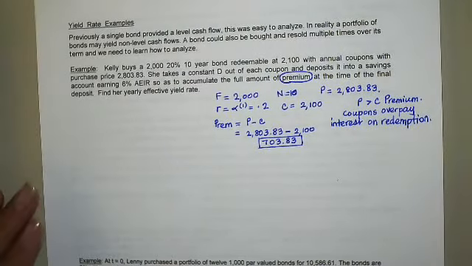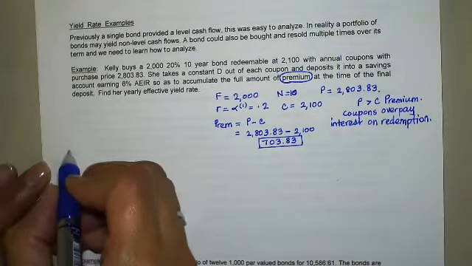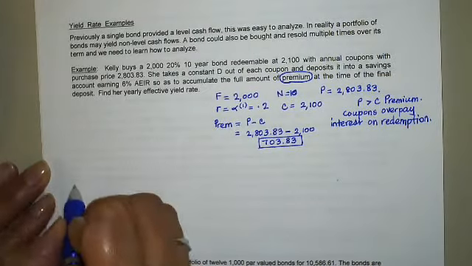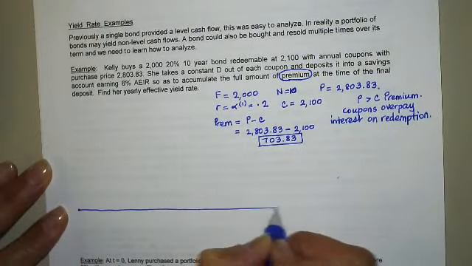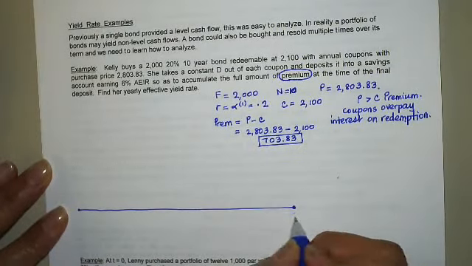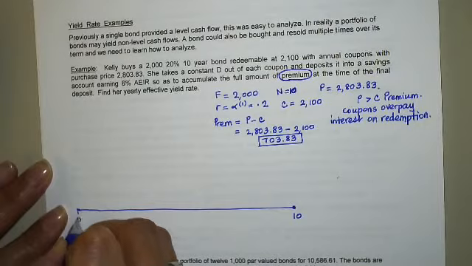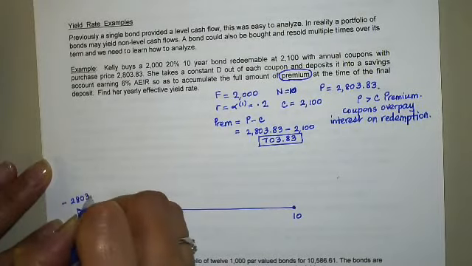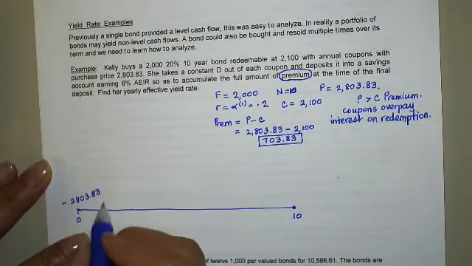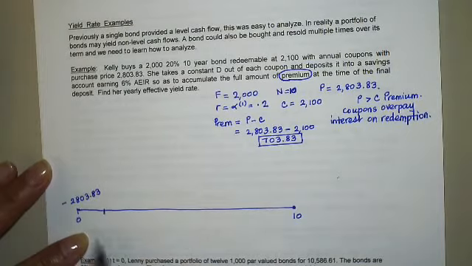Find her yearly effective yield rate. What do you think? Could be D equals that premium over a single 10.